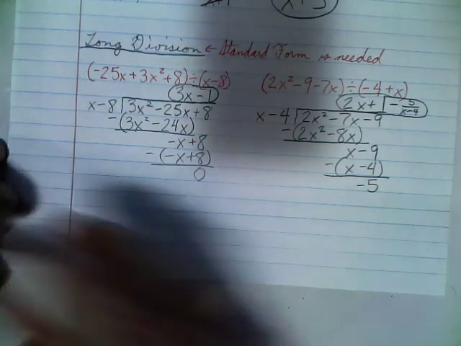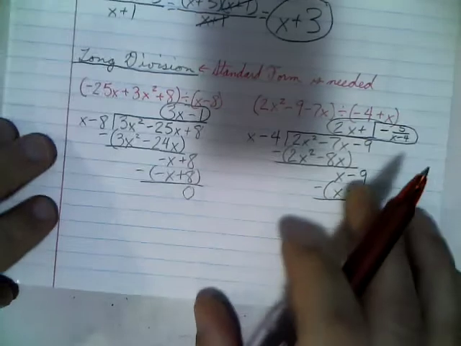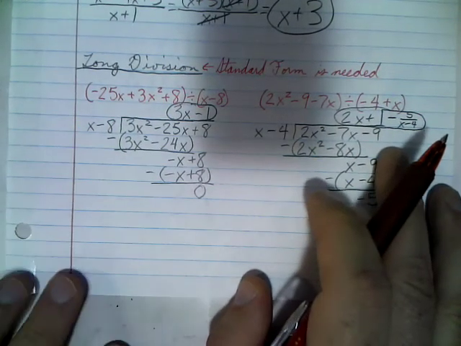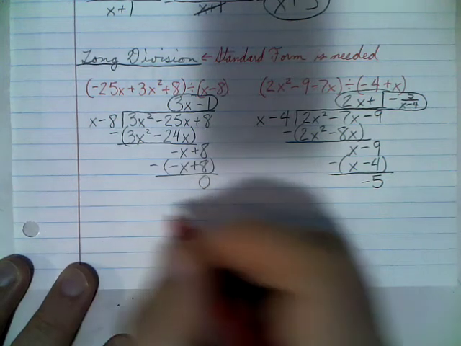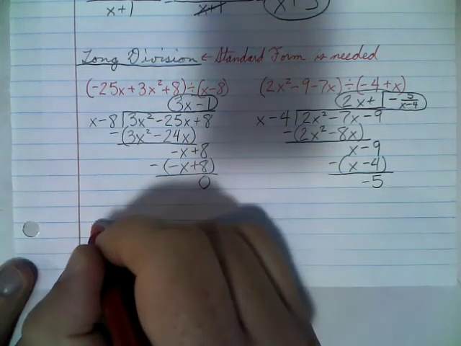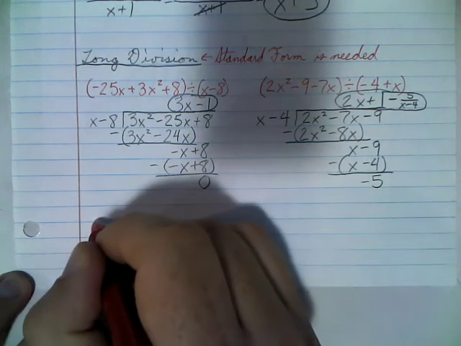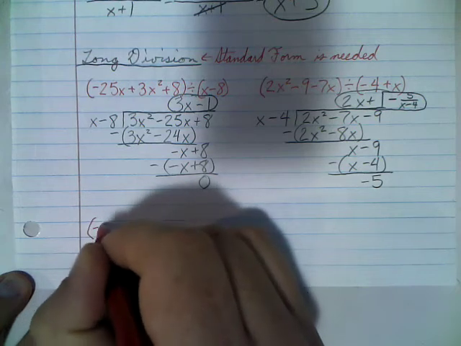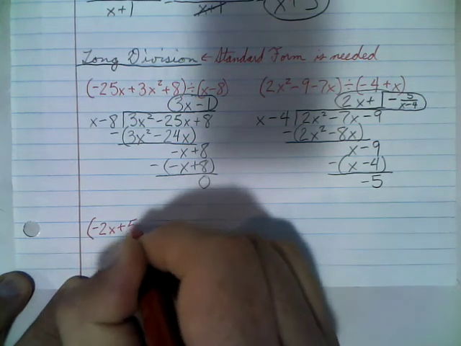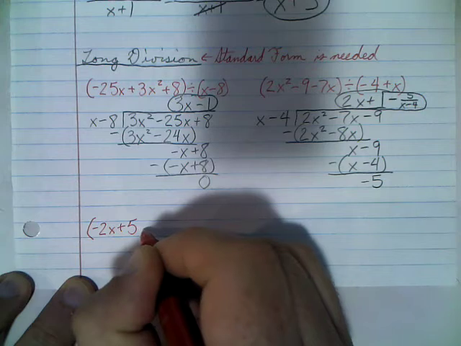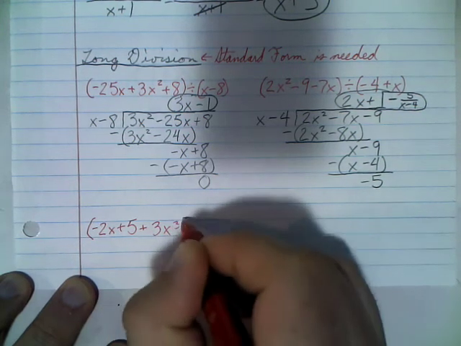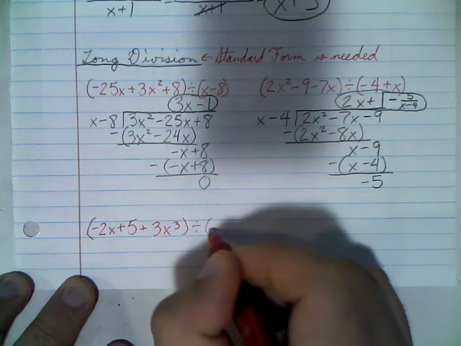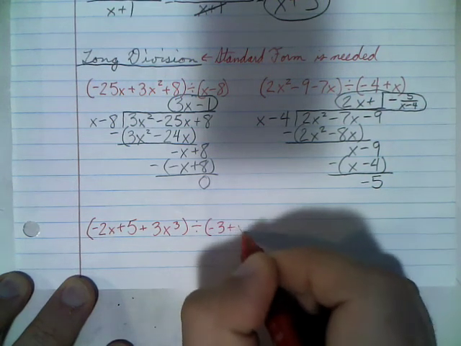All right, we're going to look at one more problem here. We are actually not going to find the answer to it, but we're just going to get it set up. So for this last example, we're going to take a look at negative 2x plus 5 plus 3x cubed, and we're going to divide that by negative 3 plus x.